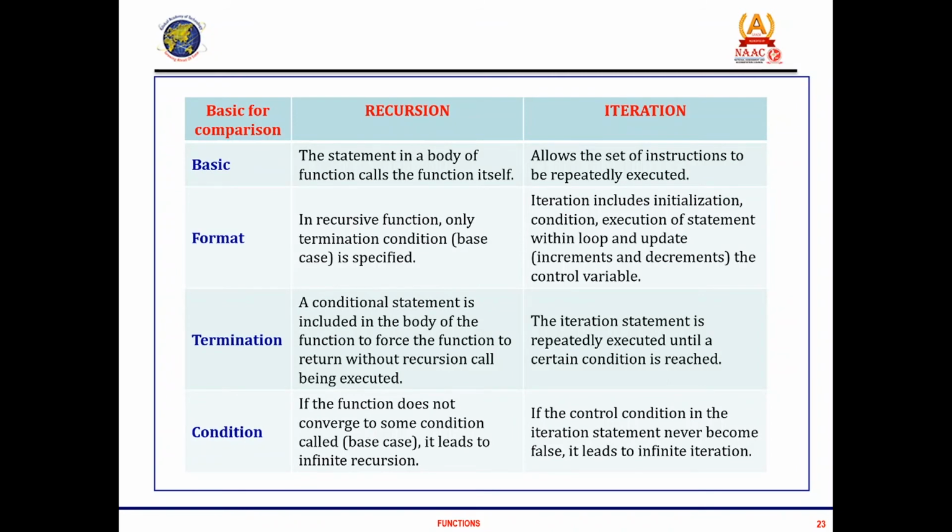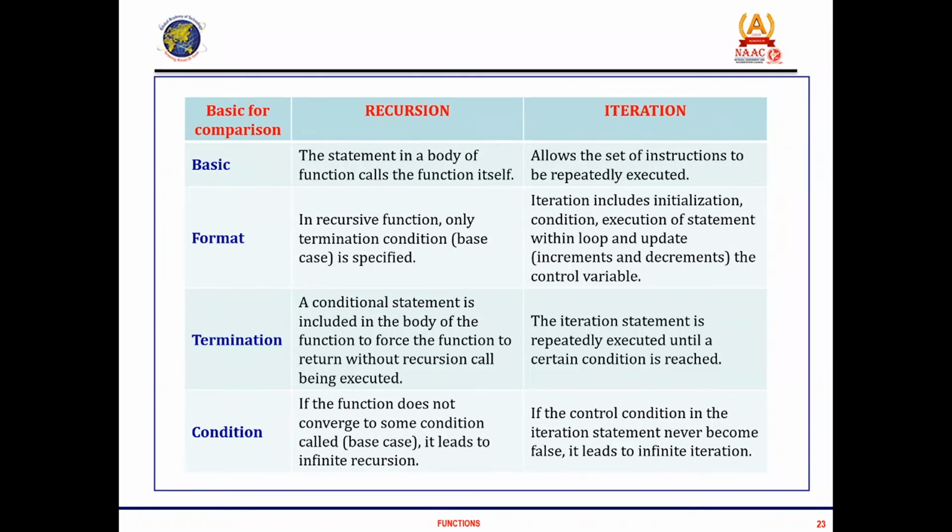Just don't end up saying, okay, recursion does this and recursion does that, and iteration does this and iteration does that. You should always have a basis for comparison, the parameter that you are considering, and then you compare; things will be much clearer in understanding. So the first basis for comparison is the basic itself, right?